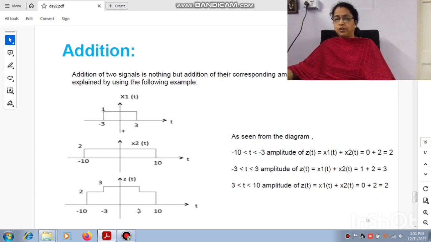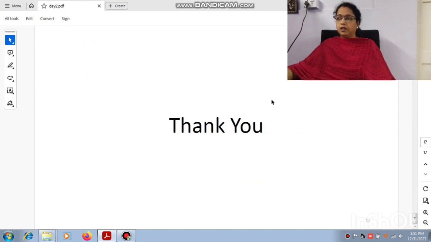That will be from -3 to 3, whereas again from 3 to 10, the x1 signal amplitude is 0, whereas the x2 signal will be retained here. So this is very simple. Just as we perform general normal addition, we are also going to do the addition here in the amplitude, or on the y-axis, where the x-axis values are not changed here.